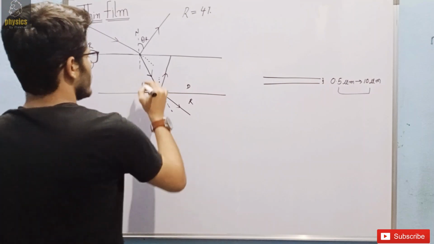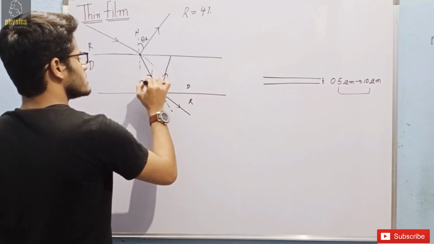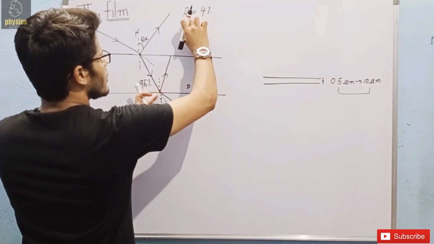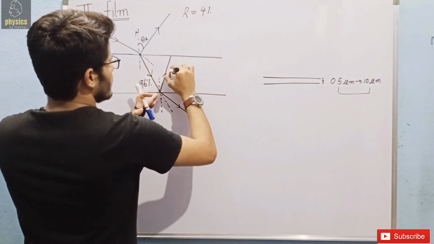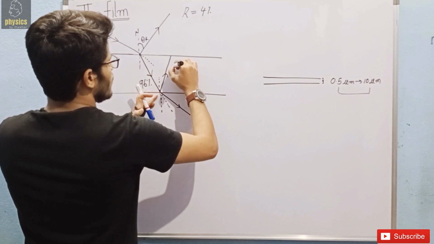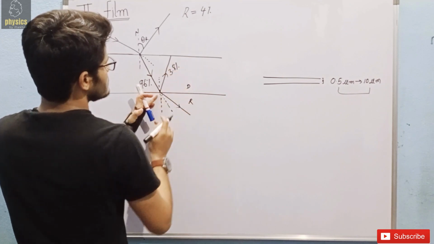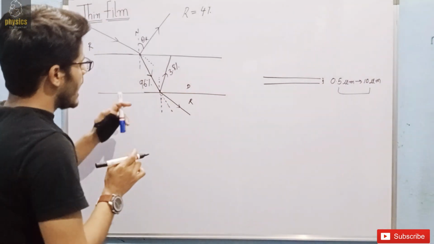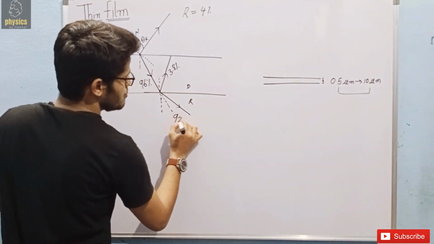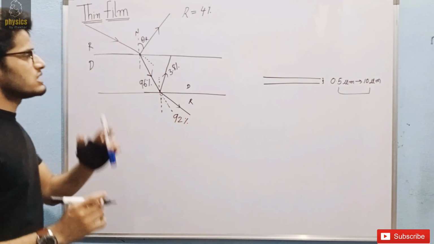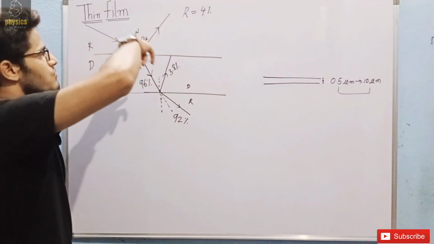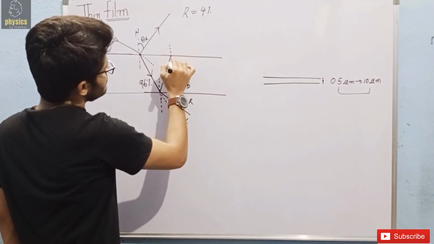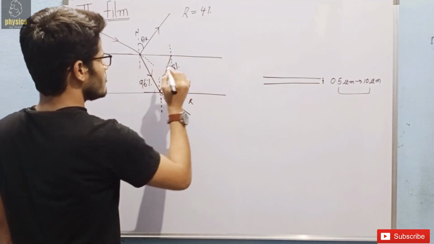So here we were having 96% of it. Out of this, from this coefficient of reflection, 3.8% of light rays will get reflected from the bottom surface of the thin film, and 92% of it will get transmitted. And again the same thing will happen at the top surface of the thin film.